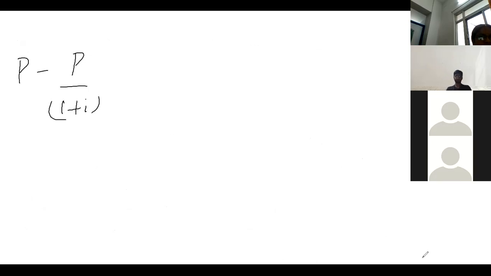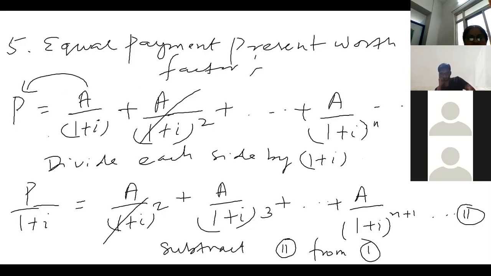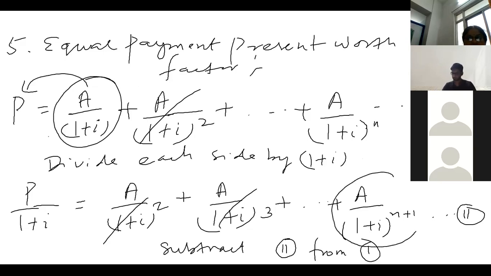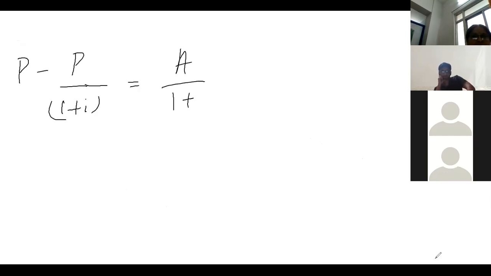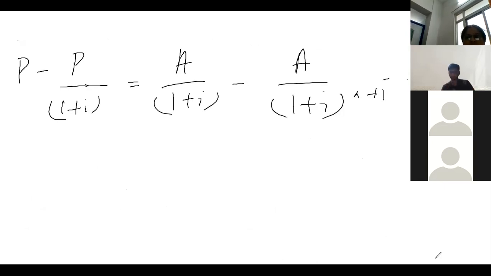You are subtracting 2 from 1. So what remains you can see here. This gets cancelled. So what remains is this from the first, this from this equation. So you have A times 1 plus i, minus, n plus 1. This is your third equation.